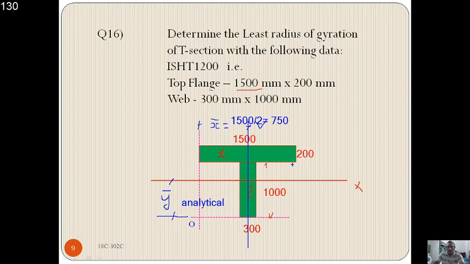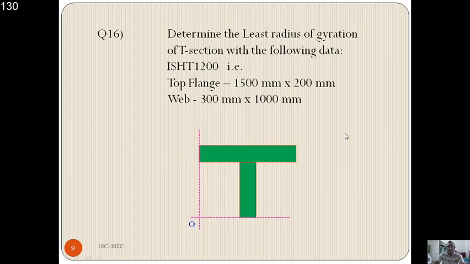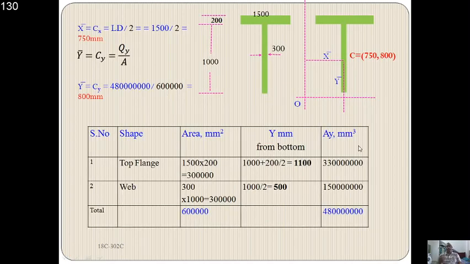So we will see the same thing by placing all the values. Let us find the x bar and y bar. As we discussed a few seconds back, the value is B by 2, that is 1500 by 2, which is 750 mm.